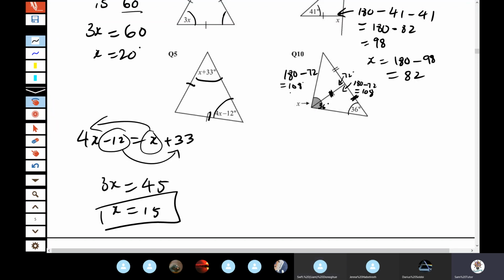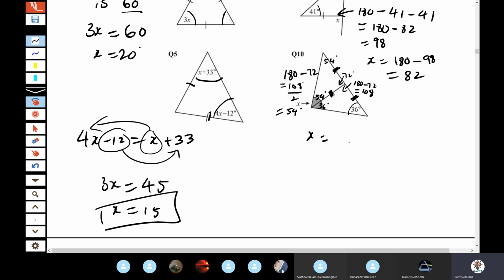Divided by 2. That's what you forgot. 54 degrees, which gives you each of these base angles, because what do you remember? These are isosceles. So these are going to be the same. So you divide them by 2. 54, 54, and then 72.